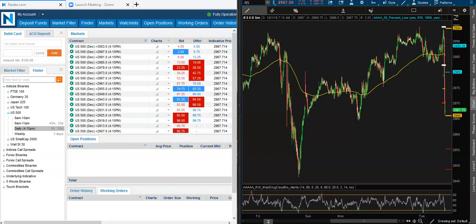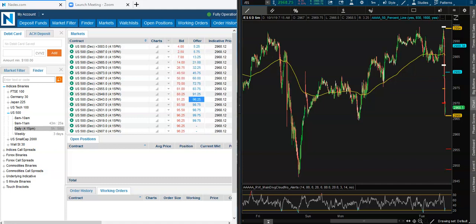Okay, so let's do this. Per our talk the other day, we'll start off with the indices, or the binary side of it.